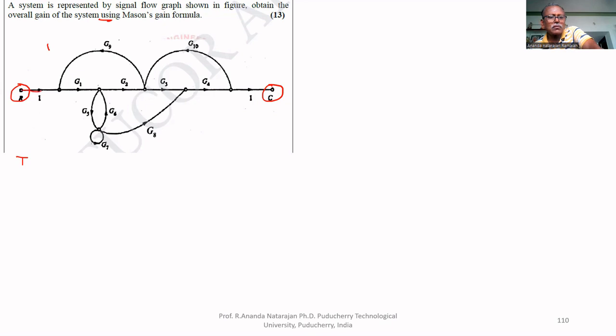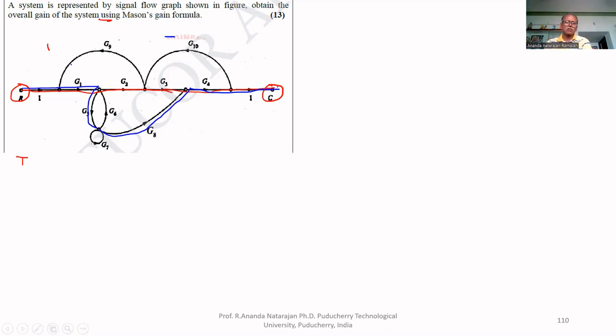This is one forward path. One-way traffic, one forward path. Another one is... two forward paths.